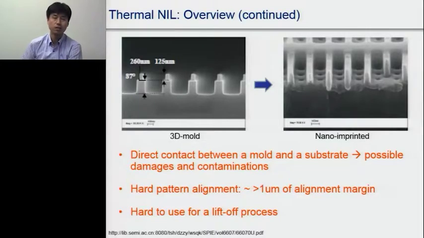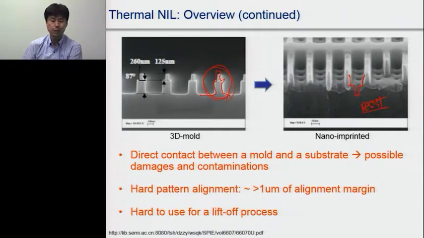This slide shows an example of a three-dimensional mold. This is the structure on the master mold, and when we press it on the resist material, which is a thermoplastic, those structures are transferred as they are.